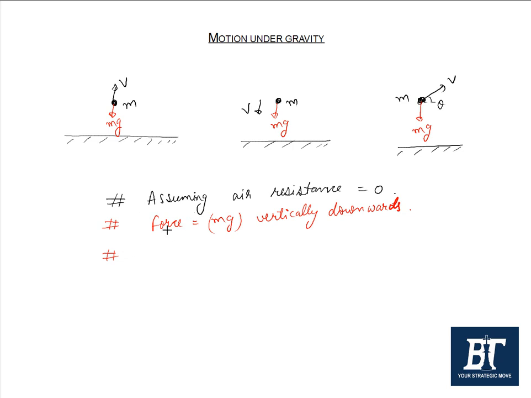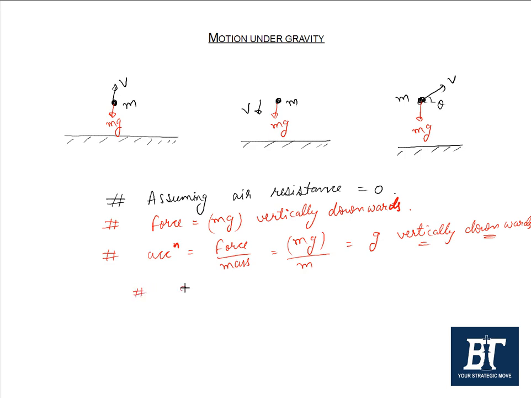So accelerations of these bodies will be equal to, we know that acceleration is force by mass. Force is mg vertically downwards and mass of body is m, so acceleration will be g and its direction will be vertically downwards.